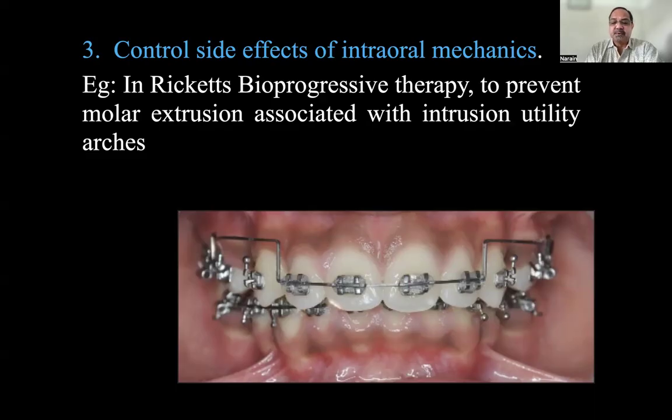For example, if you're using a utility arch to intrude the upper anteriors, then definitely there is a reciprocal extrusion of the posterior teeth. So that can be controlled using a headgear. So this is vertical anchorage.